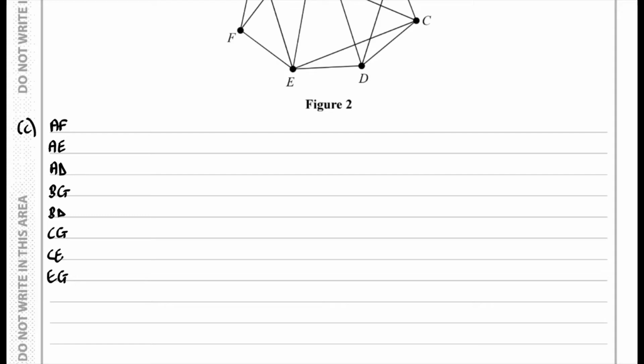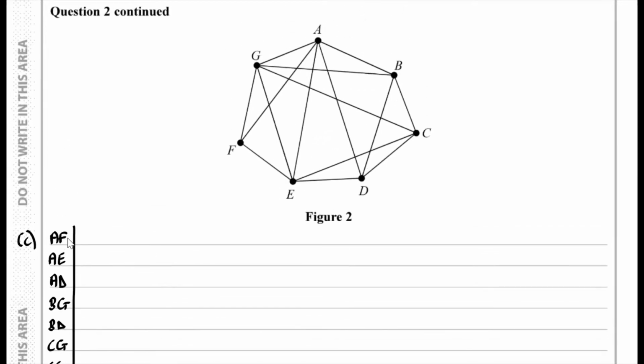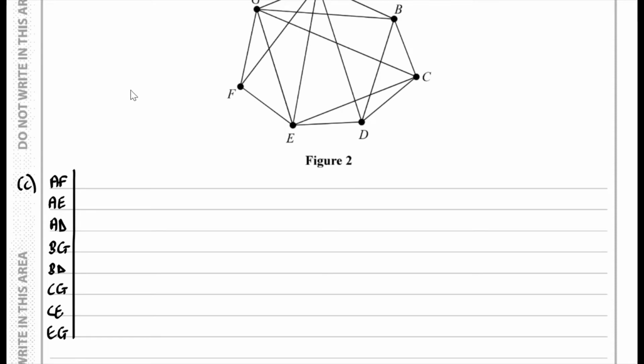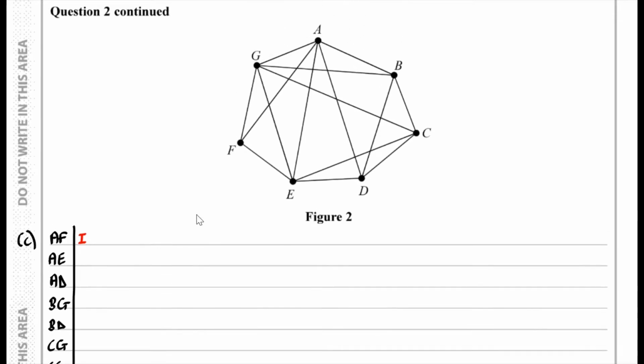So once we've done that, we draw a line over here, like so, and then you can pick any edge. For example, if we pick AF, we write down the letter I. Okay, so if we take a look at AF, let's draw a red line through it, like so.